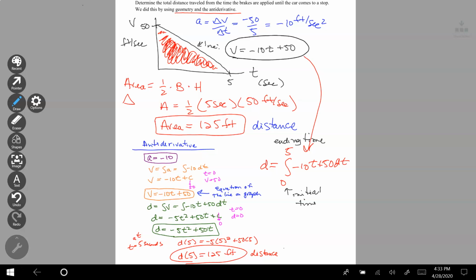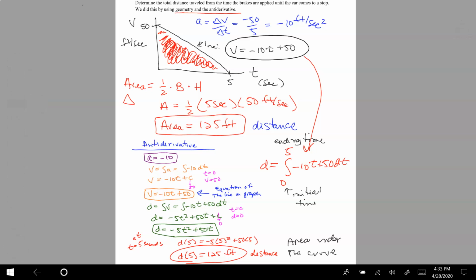And this distance is equal to the area under the curve. That's what we're going to use an antiderivative for. It's finding the area under the curve of a given equation using calculus, not using geometry. I can use geometry for this one because it is a triangle, but not everything's going to be geometric in shape.